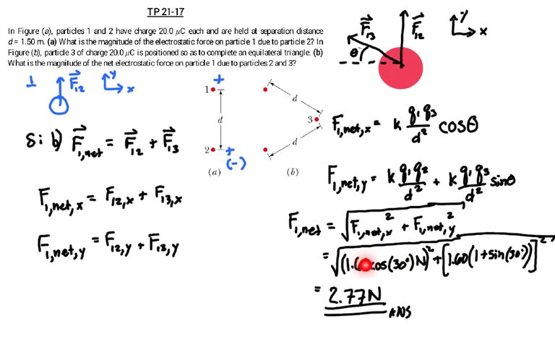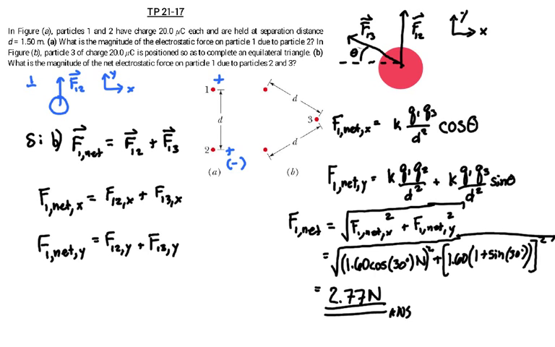For the x component, I have 1.60 newtons times the cosine of 30 degrees. And then here, since they both share the 1.6 newtons, here is my electrostatic force on particle 1 due to particle 2, and this is the share of the electrostatic force on particle 1 due to particle 3.